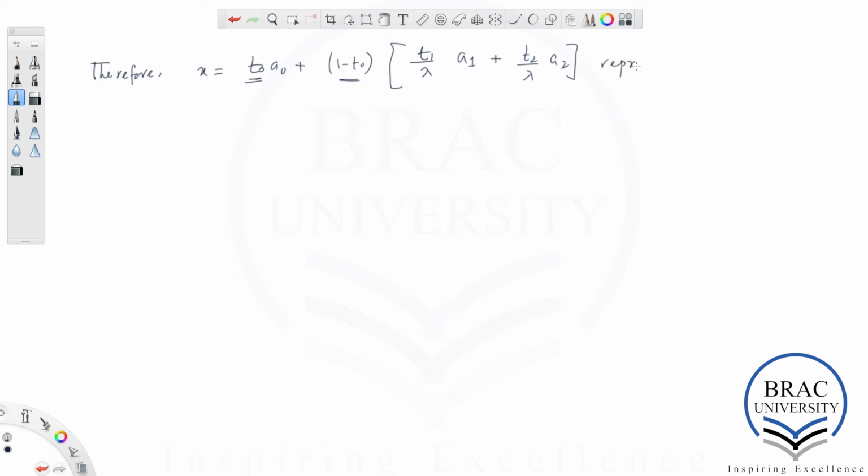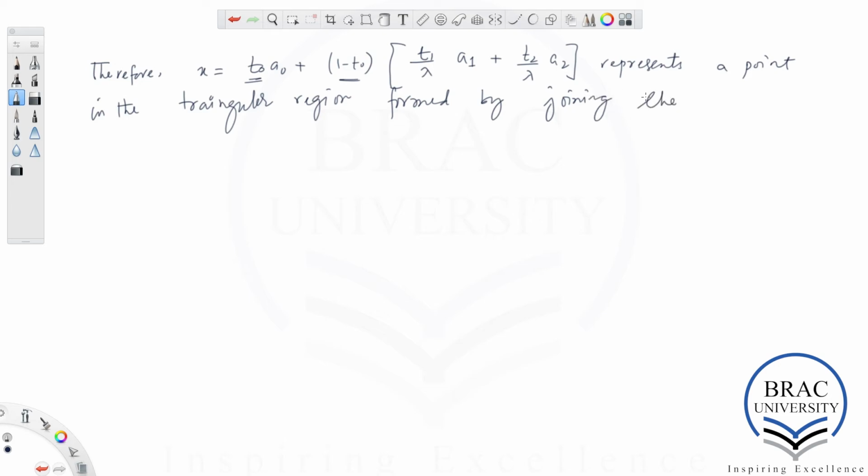This represents a point in the triangular region formed by joining the vertices A0, A1 and A2.